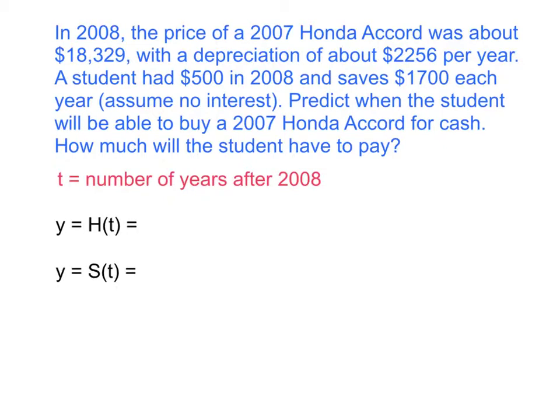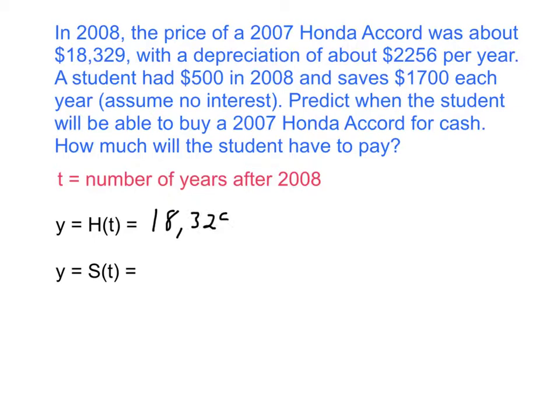Now, I'm going to let H stand for Honda, so this first top equation is going to represent the price of that 2007 Honda. Now remember, the price started out at $18,329, but it depreciates about $22.56 per year.